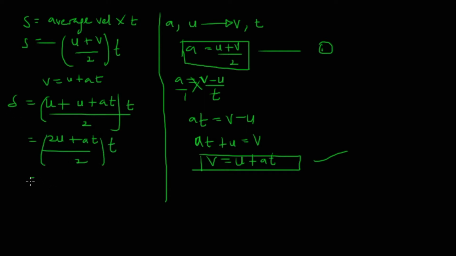If you expand the bracket, that will be 2u upon 2 then t plus at squared upon 2, so that s is equal to ut plus half at squared.